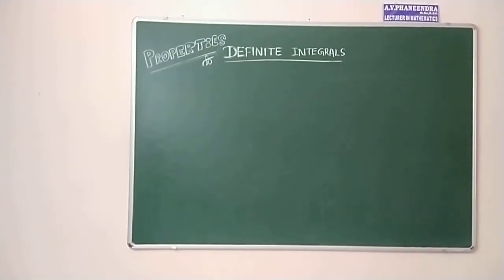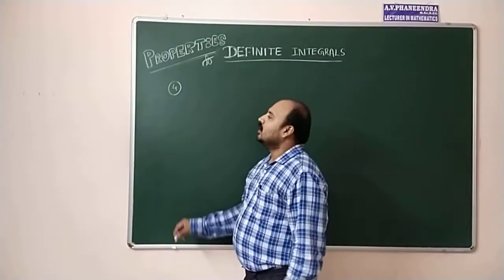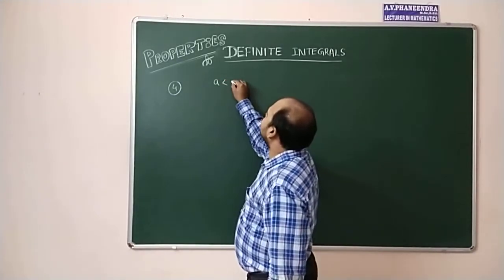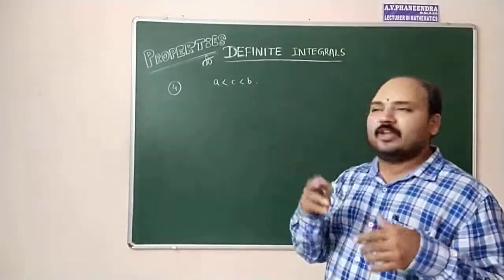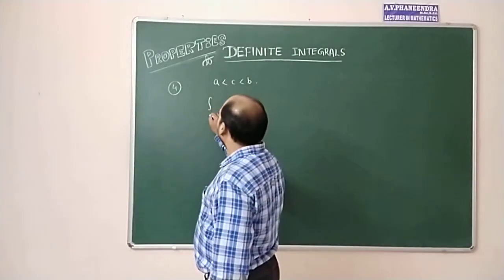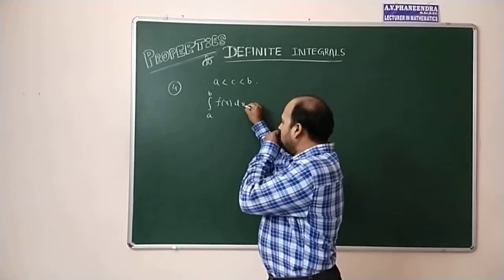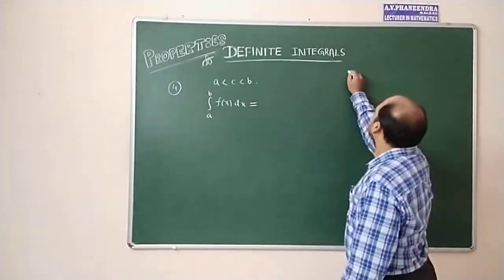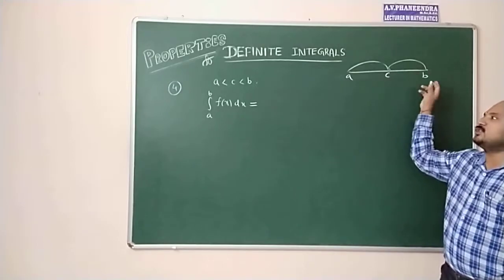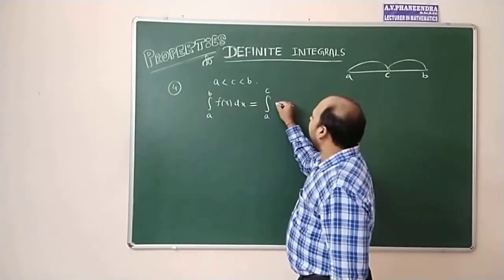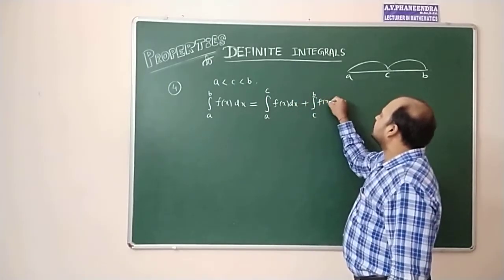Next, fourth property, property number 4. A is less than C is less than B. That means the value of C is a real number which lies between A and B. Then the definite integral A to B f of x dx can be expressed as, see here, from A to C plus C to B. So integral A to C f of x dx plus integral C to B f of x dx.